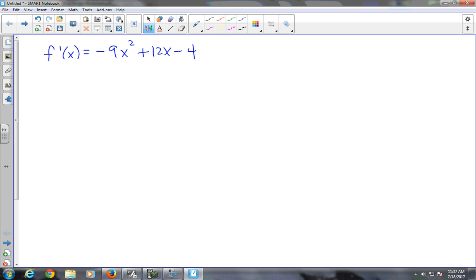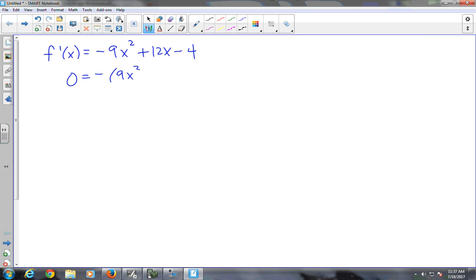Now remember, in order to find critical values, what do we need to do? Set our derivative equal to 0 and then solve for x. We should attempt to factor this problem. It might be easier to factor if we have a positive leading coefficient, so let's begin by taking out a negative and see what we're working with.